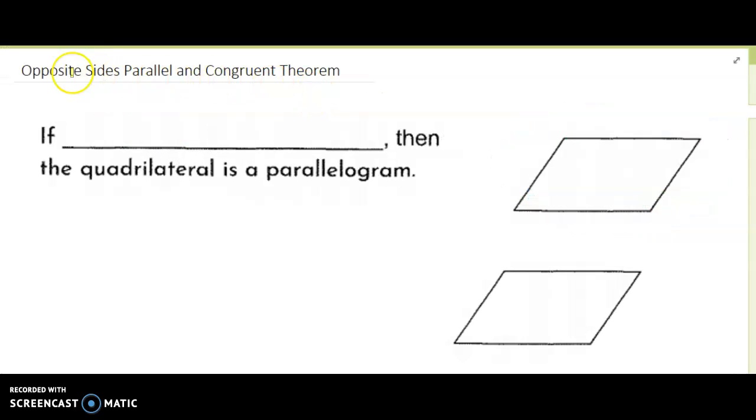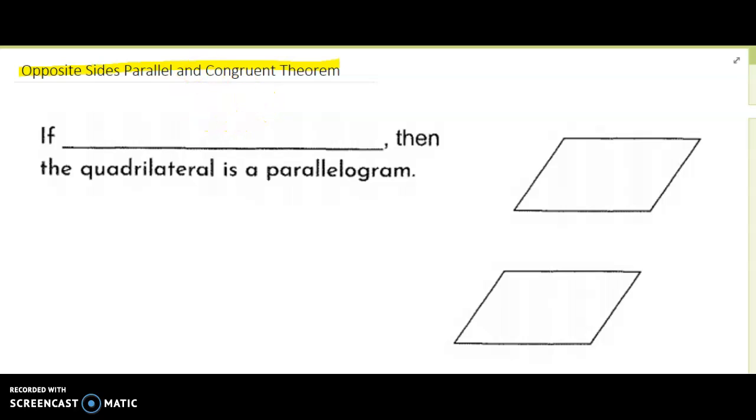All right, this theorem is the one that everyone seems to forget, so you might want to put a star by it or highlight it or do something to draw your attention so you don't forget it. This is the opposite sides parallel and congruent theorem. This is not a converse, okay?